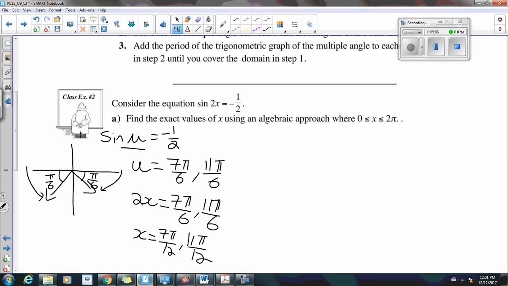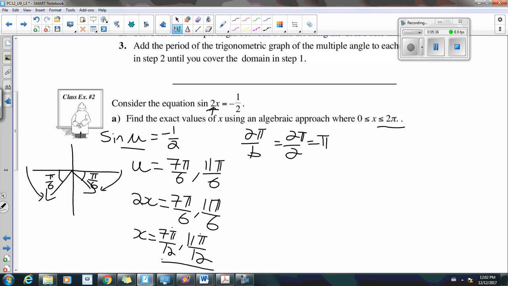Notice that I only have solutions between 0 and pi, and I need to get solutions between 0 and 2 pi. So in order to do that, I'm going to add the period of this function to each of these solutions. And that's going to account for the rest. So I know that the period is 2 pi over b. The b value here is 2. So this means I have a period of pi.